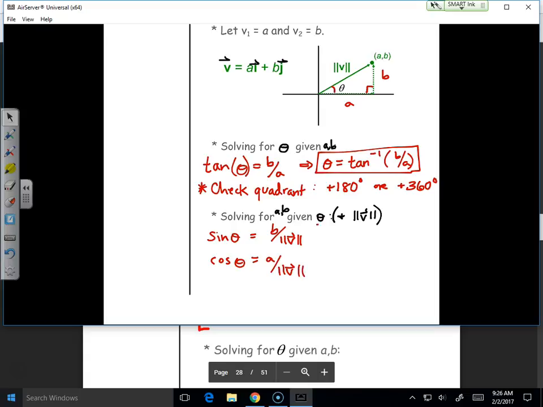If we know everybody but the sides, we can just solve. So B is equal to magnitude of B, sine of theta. A is equal to magnitude of B, cosine of theta.